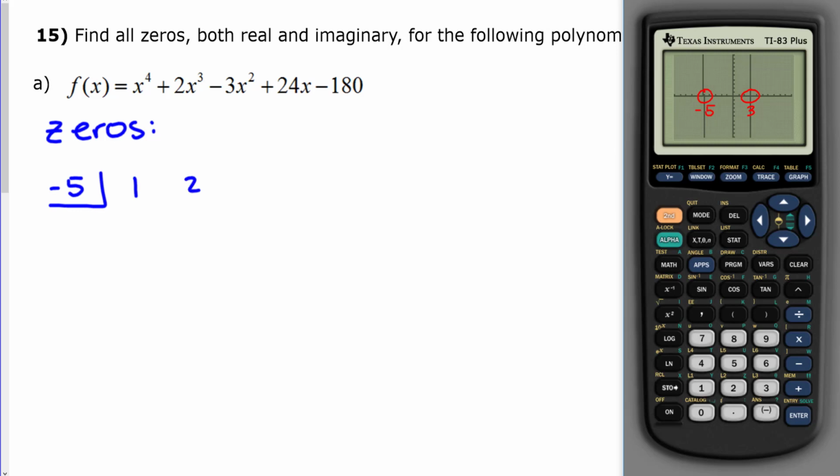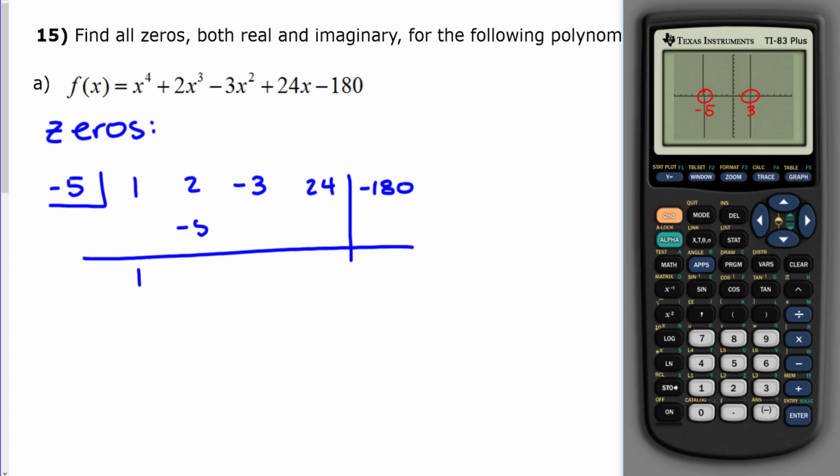So 1, 2, -3, 24, and -180. Using synthetic division, bring the 1 down. 1 times -5 is -5. -5 and 2 is -3. -3 times -5 is 15, which makes this 12.